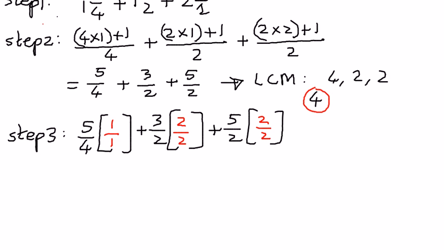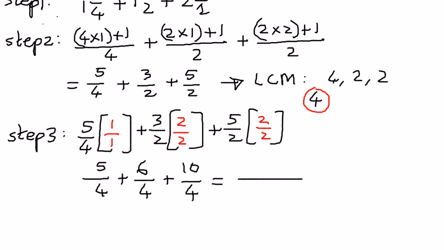Now we are ready to multiply the numerator parts, multiply the denominator parts. 5 times 1 is 5, divided by 4 times 1 is 4. And then 3 times 2 is 6, and then 2 times 2 is 4, and then 5 times 2 is 10, and then 2 times 2 is 4. Now we have a common denominator of 4. We combine the numerator parts.